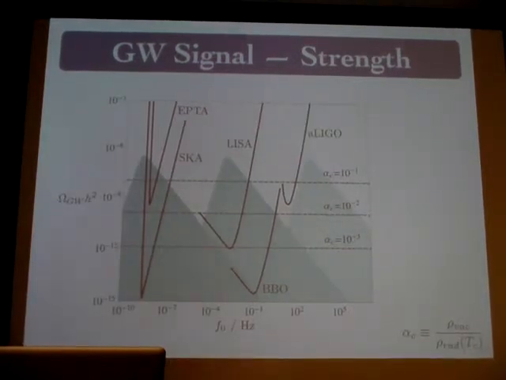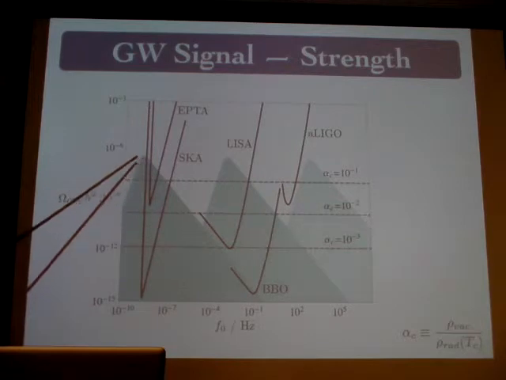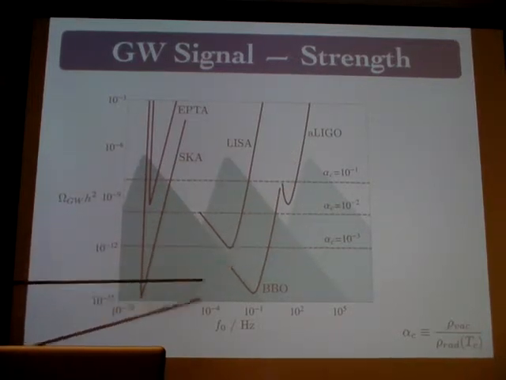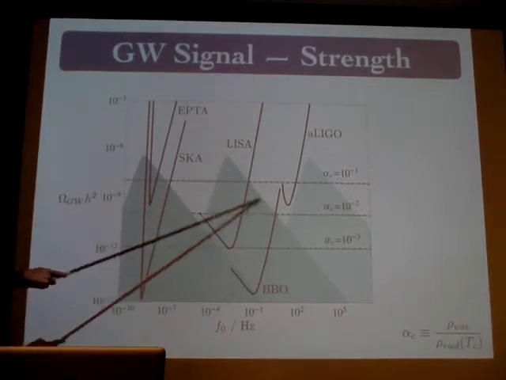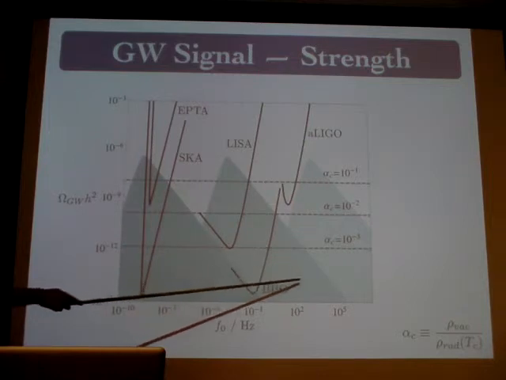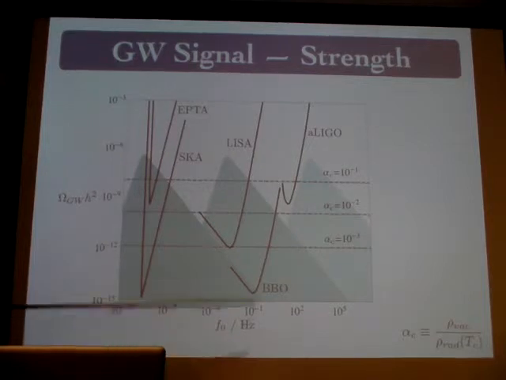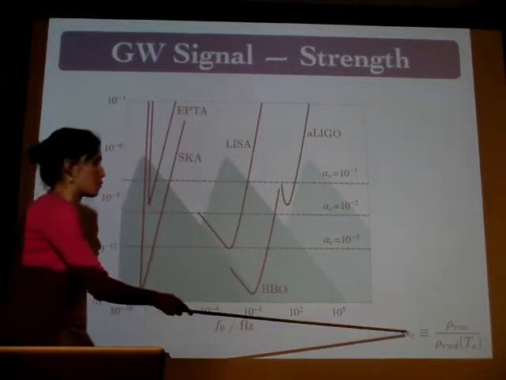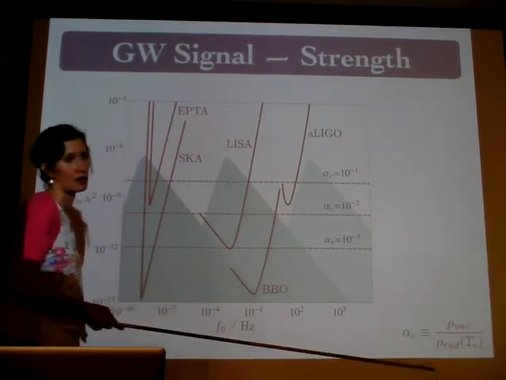So just for illustration, this plot shows what the shape of the signal will be in terms of the energy density in gravity waves as a function of frequency for 3 different values of the frequency peak. Of course, the frequency peak could be anywhere. I've just chosen 3 of them just to show it. So there will be some peak of the frequency, and then it falls off with frequency on both sides. So these color regions here correspond to the maximally optimistic case in which the ratio of the vacuum energy density to the thermal energy density at the time of collision is 1.